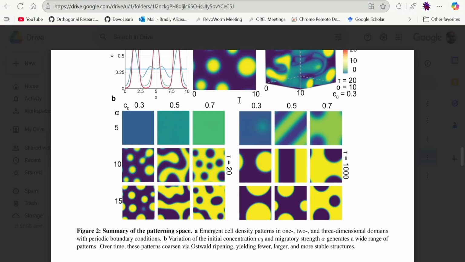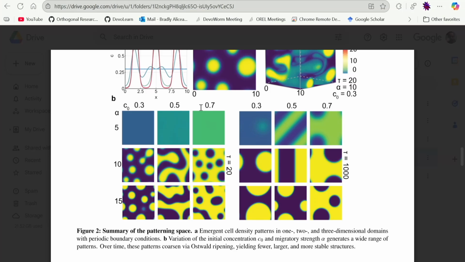So if you have a higher concentration and a higher migration strength, you can have a lot of motility. If you have a low migratory strength, then you have very little movement, very little motility, and all the variations within.